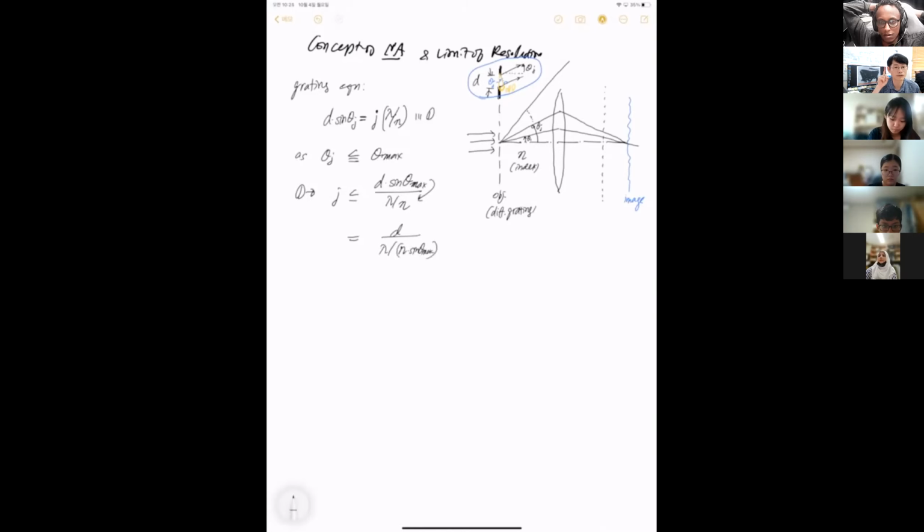You see, there's some familiar formula out here. So why don't we define that part? Hey, this is a very important parameter you can find. And here D is just the size of the feature.